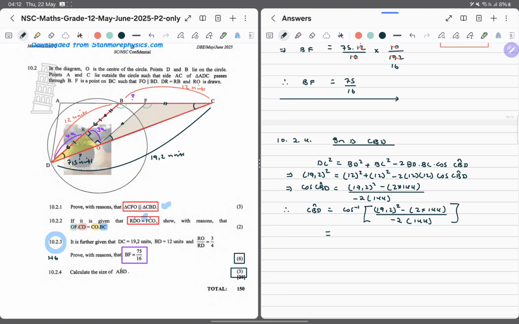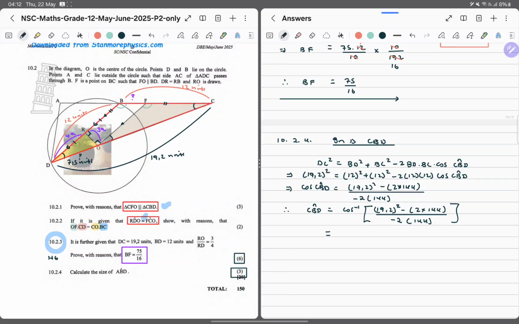Arc cos of this situation here, it's gonna be 19.2 squared. Sorry, so this is minus 2 times 144 divided by minus 2 into 144. Of course, the negative on the denominator will undo the negative that would have come on top.